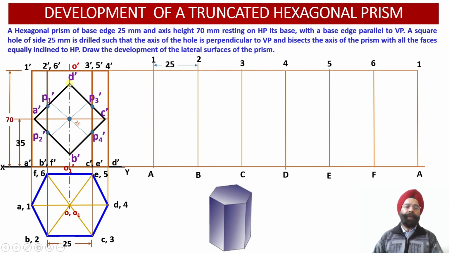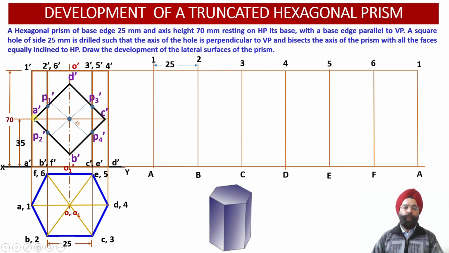Now we want to obtain the vertical projector lines which are going to depict the location of the points A dash and C dash. Why? Because A dash and C dash points are obtained over here at these 2 locations, and there are no vertical edges of the hexagonal prism which are going to pass through these 2 corner points corresponding to the square hole.